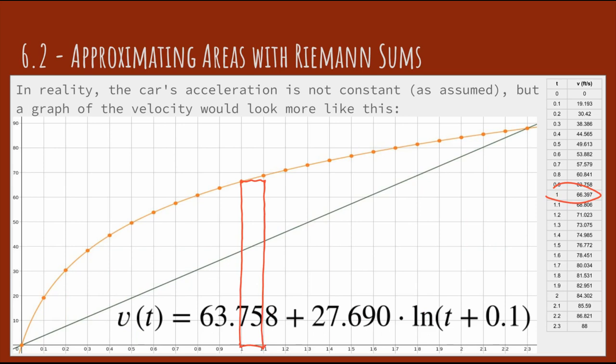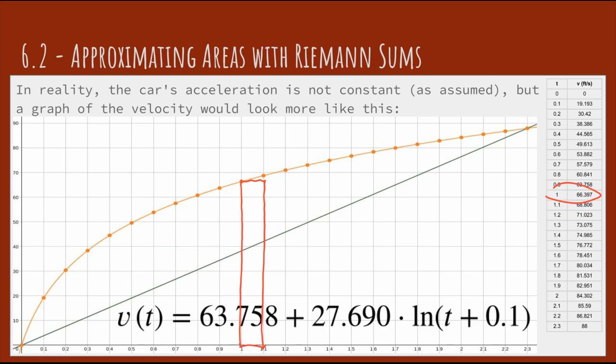Now, you might be able to guess this, all of these areas added together, that's going to be an approximation. You can see it's not going to be accurate. In fact, we can say that it's going to be an under approximation because it's missing a little bit of area up there at the top.